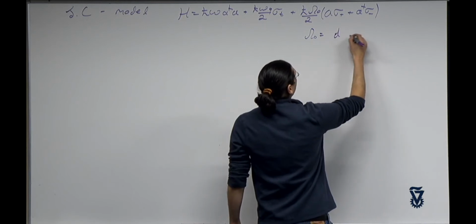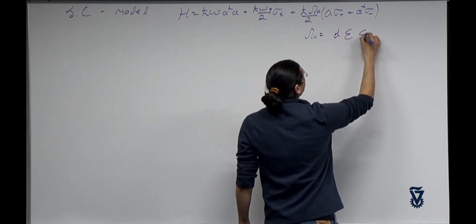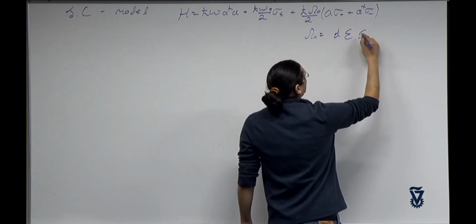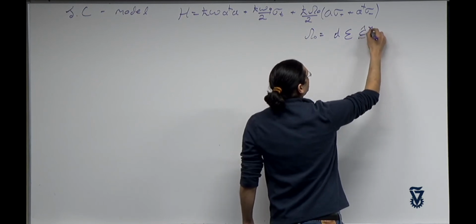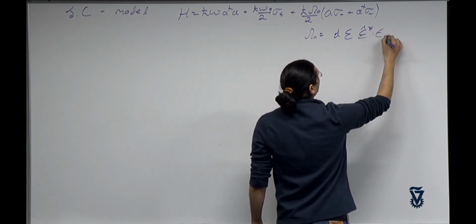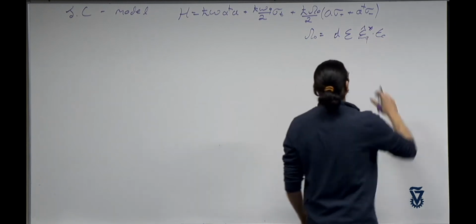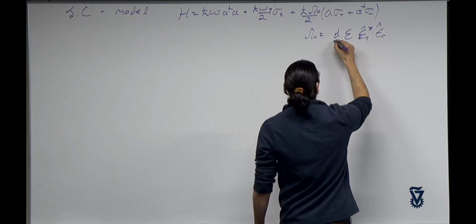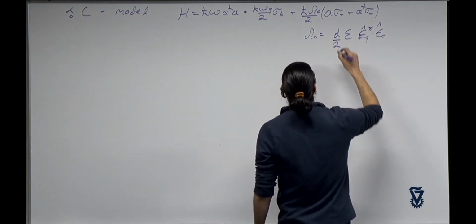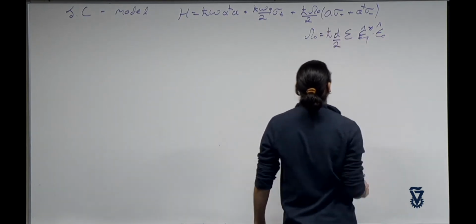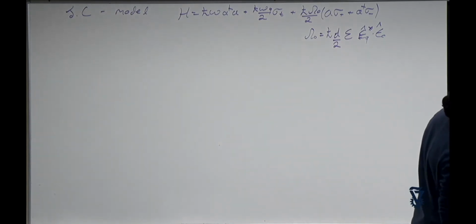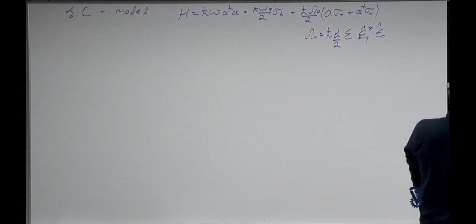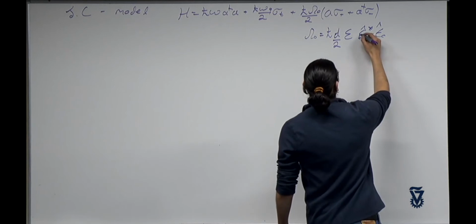It was d dot epsilon c, right? So we have to have this, and there's a factor of 2, and there's an h bar. Do I have it all correct? Yeah.